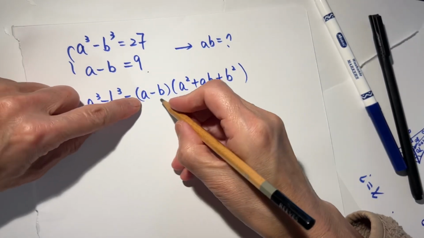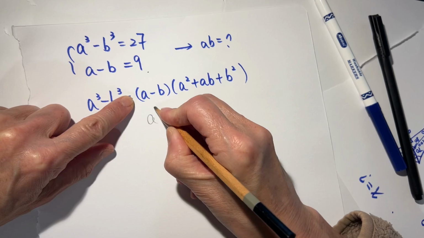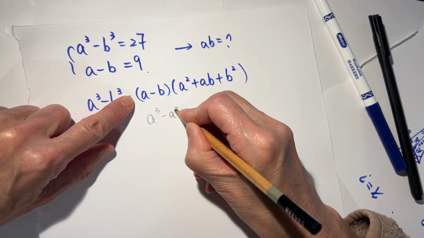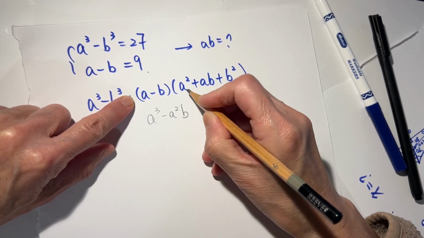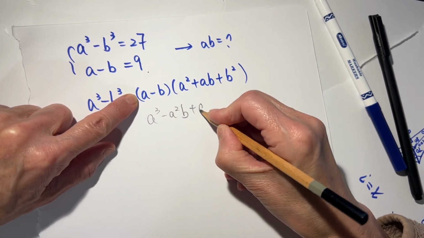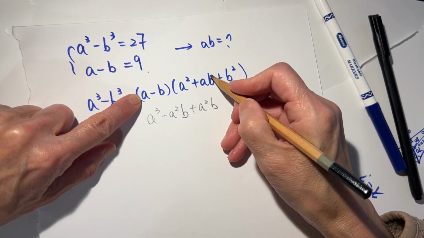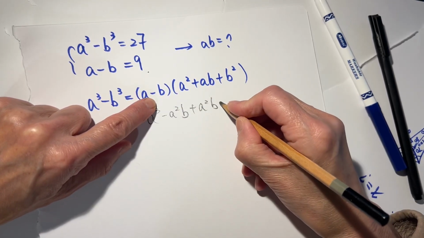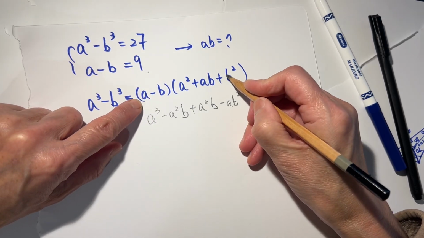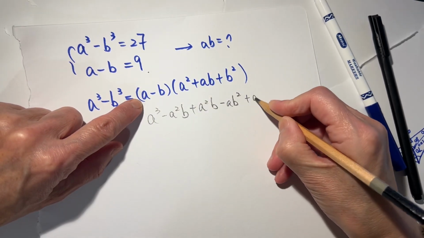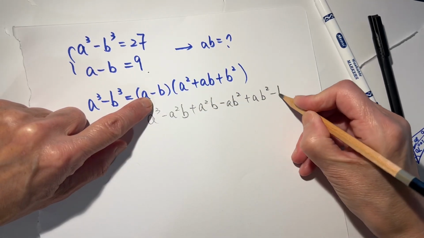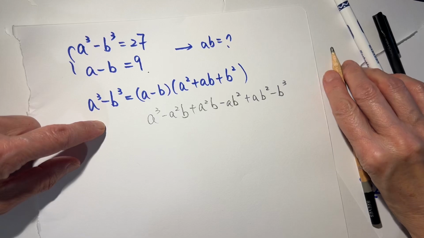Okay, so this is a cube minus a square b plus a square b minus a b square plus a b square minus b cube, right?